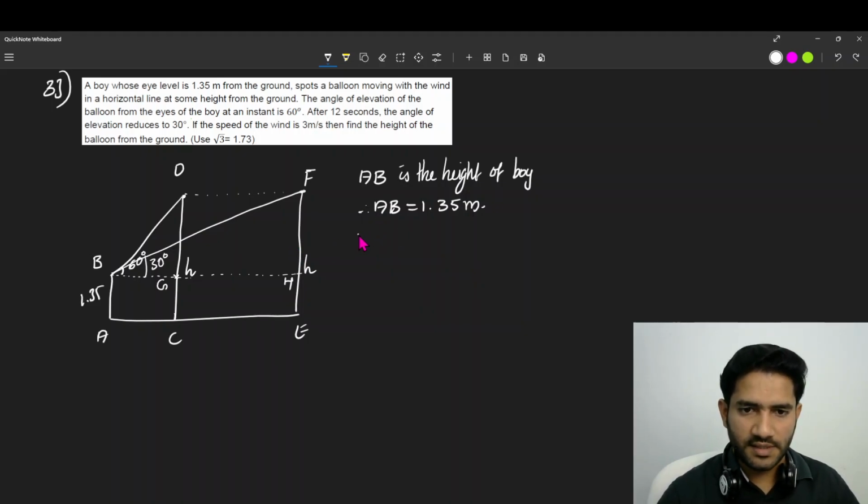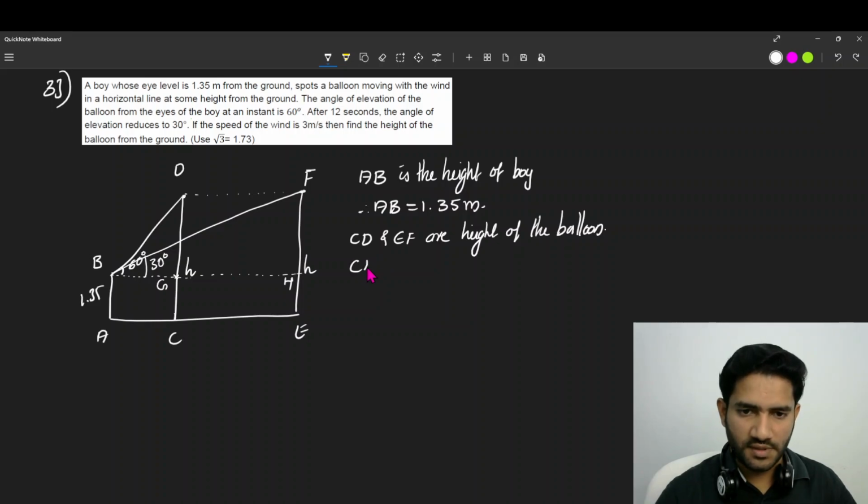CD and EF are the heights of the balloon, so CD equals EF equals H.